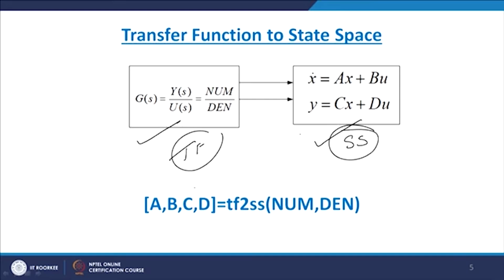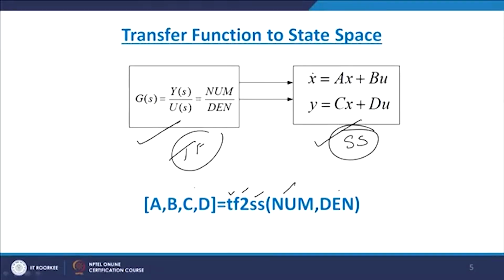What we want is transfer function to state space. So, we start with writing the command TF to SS, that means we are getting a state space model. And what is the input in this case? Input is numerator and denominator. So, we will get A, B, C, D. That means from a given transfer function, we can easily determine A matrix, B matrix, C matrix and D matrix of a state space model.